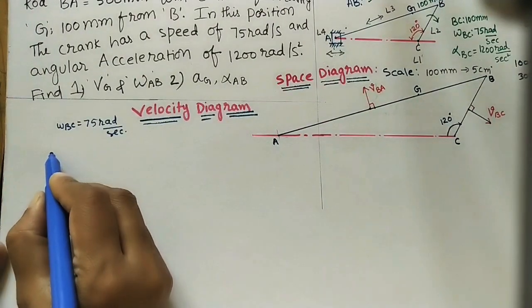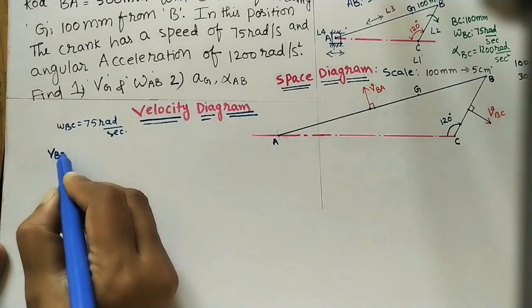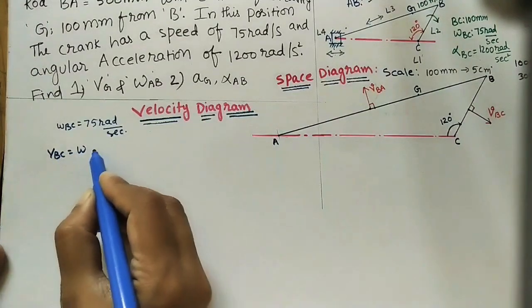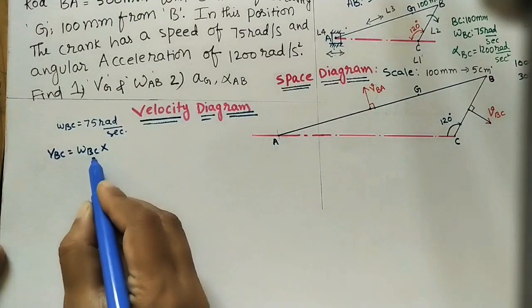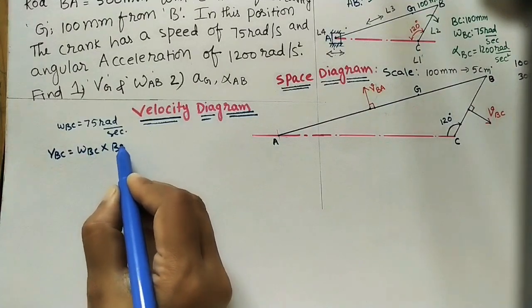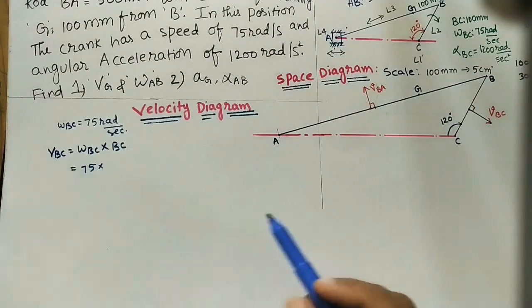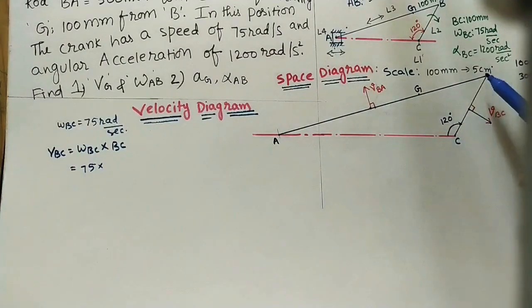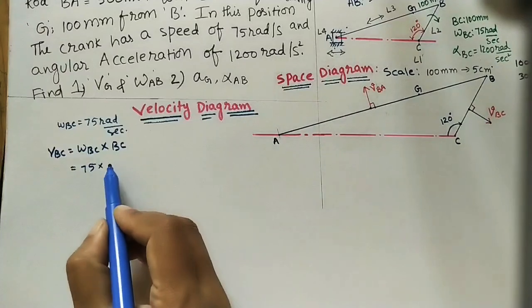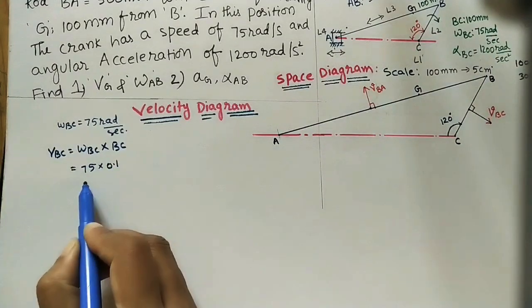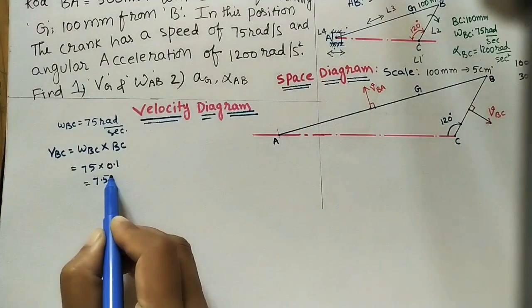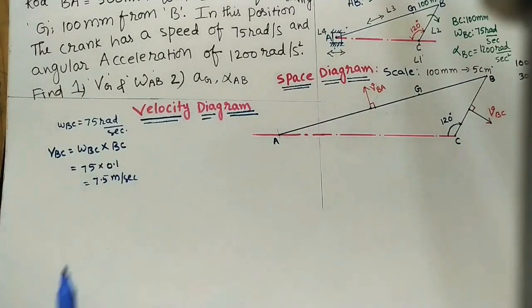Here we have one formula for finding VBC. VBC is equal to omega BC into length of the BC link. So substitute this value, it is 75. And what is BC length? This length, it is 100 mm given already. So take in meters, 0.1 meters. So we are getting 7.5 meter per second. Okay, it is the linear velocity of VBC.